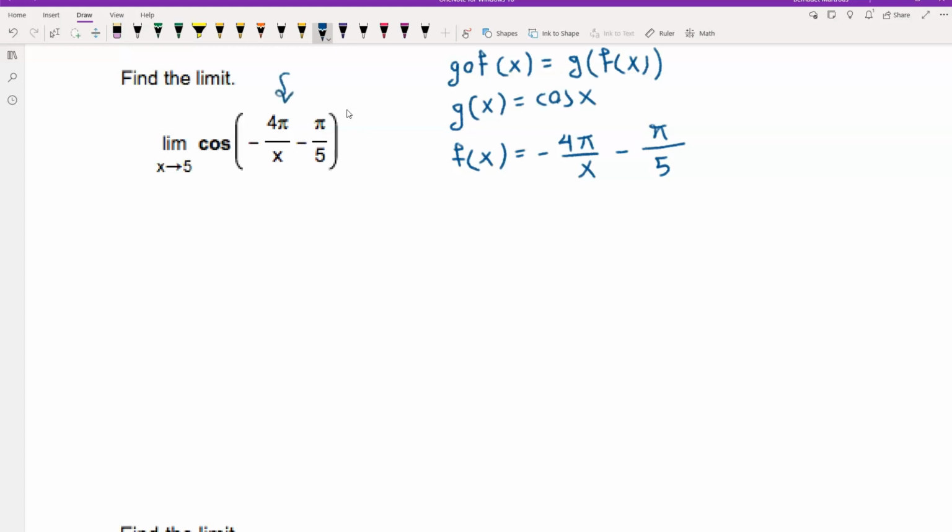In this case, we have x in the denominator, and this function is continuous for all real numbers except for 0. But cosine is continuous for all real numbers.